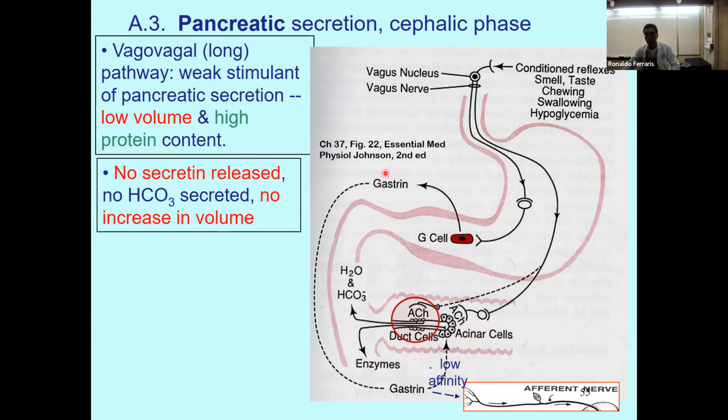Now, gastrin, as I mentioned, is a cousin of CCK. So gastrin is floating around and binds to the acinar cells. The acinar cells are specialized for CCK. Gastrin also goes to the gallbladder, but the gallbladder has CCK1 receptors. The acinar cells here have CCK1 receptors. The receptor for gastrin is CCK2, as I mentioned in the parietal cell.